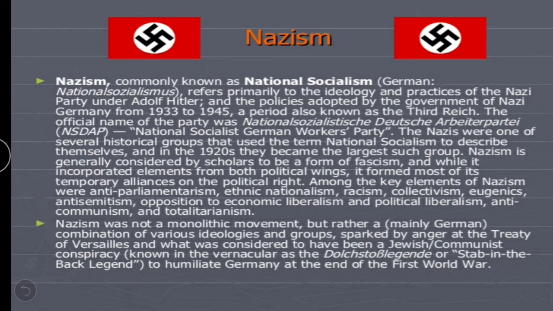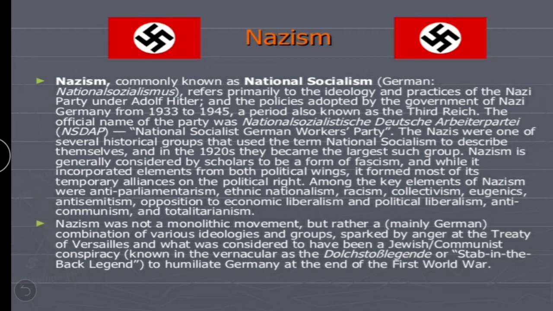Nazism is generally considered by scholars to be a form of fascism, and while it incorporated elements from both political wings, it formed most of its temporary alliances on the political right.